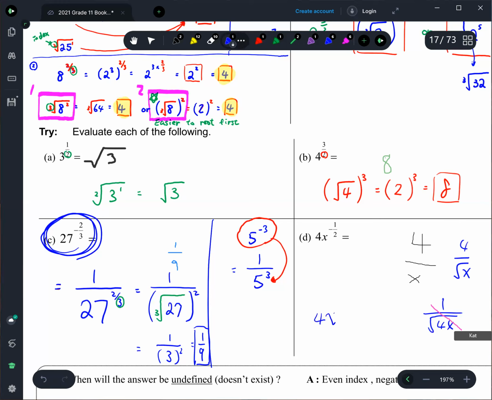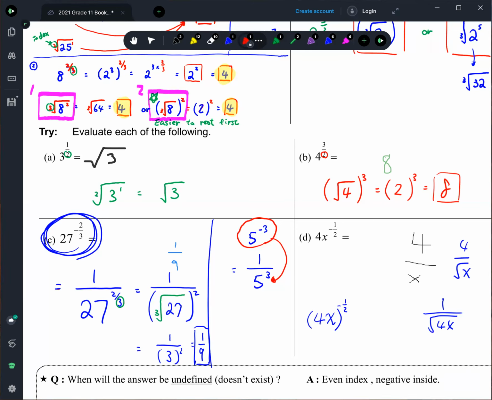Okay, I'll make up another question. If you see a question like this, 4x in a bracket, and put a negative half on the outside. Okay, compare with the question that's given here. For the one that has bracket, the base is 4x. Okay, I underlined it. For the question that's given, the base is only x.